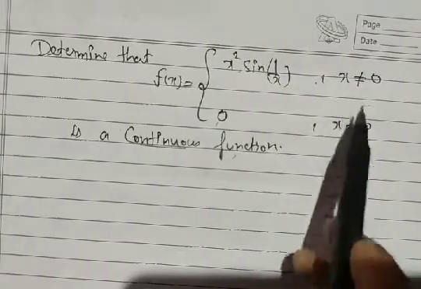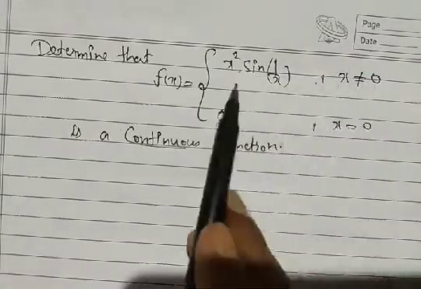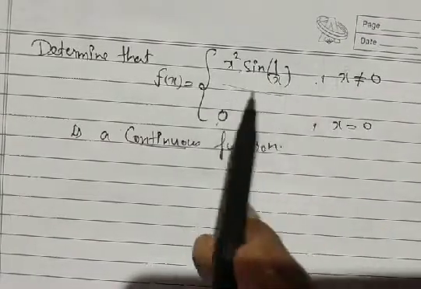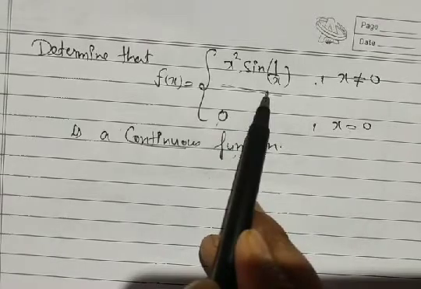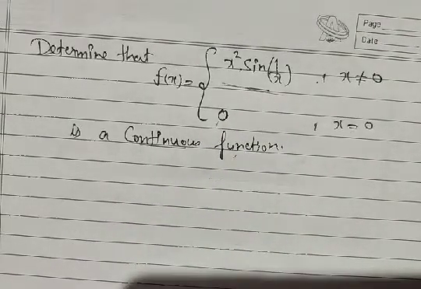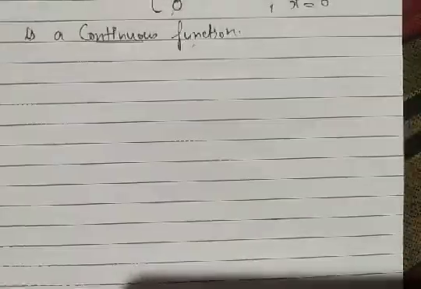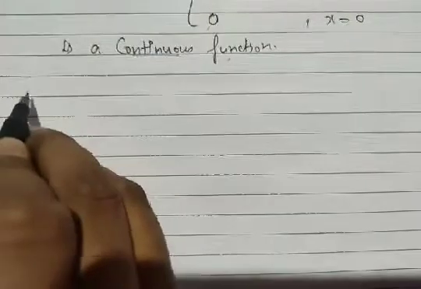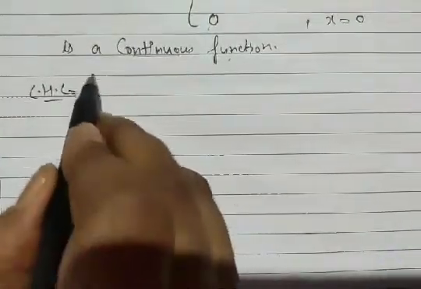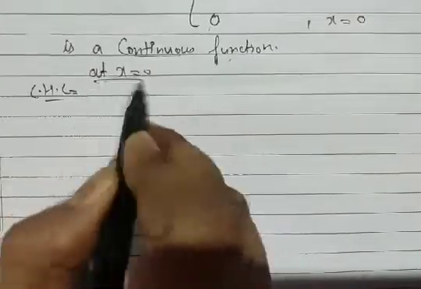When x is not equal to 0, the values may be positive or negative, and it is x square sine 1 by x. Then we check whether it is continuous or discontinuous at x equal to 0. We start with our left hand limit.